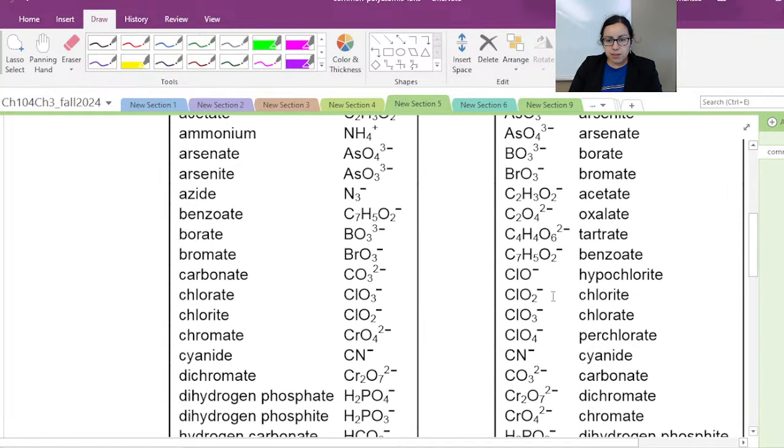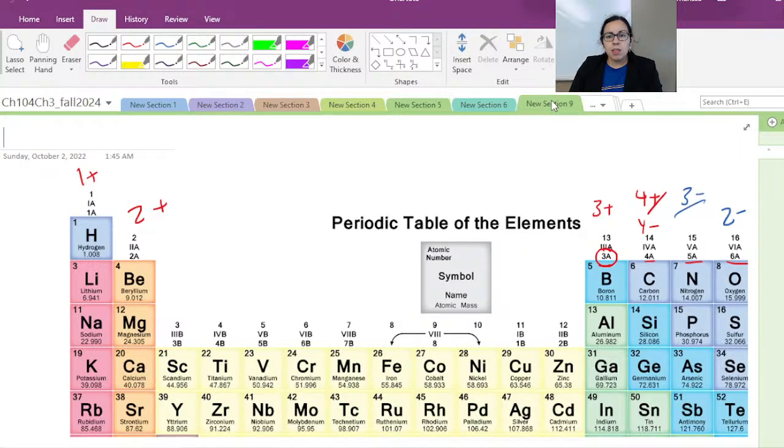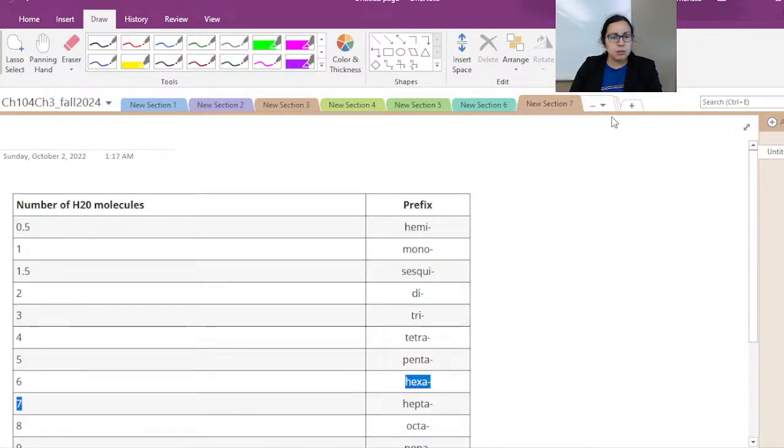All right, so we got our polyatomic sheet. Before we do practice, one last little bit to cover: the naming of compounds when they're complexed to water. Let's pull up some examples.